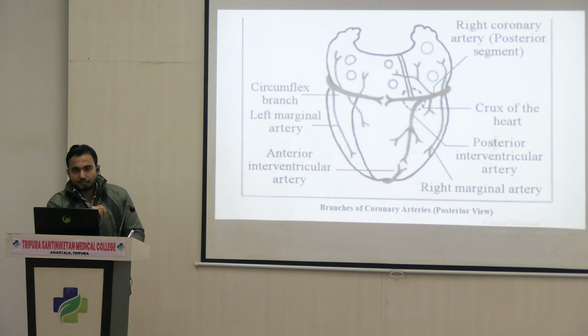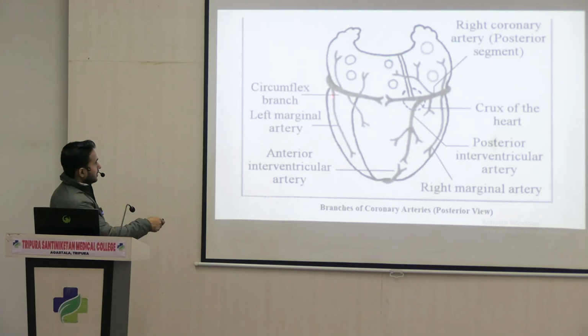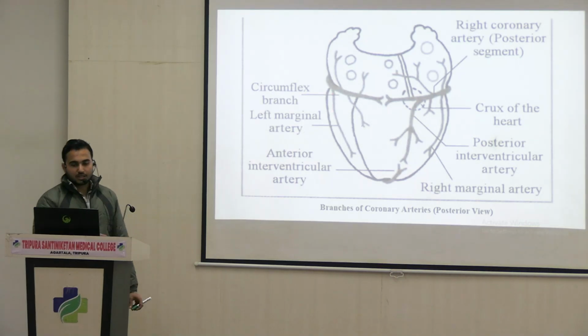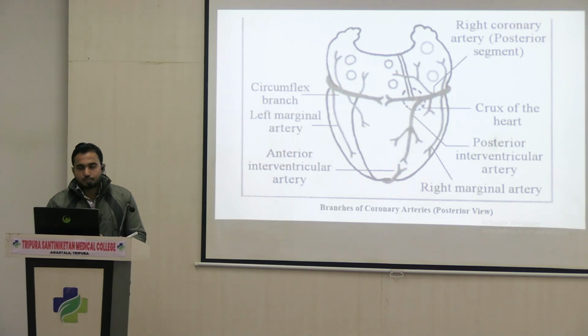Next, the left marginal artery: as you can see, one long artery extends towards the apex, called the left marginal artery, which also comes from the circumflex branch. And the posterior interventricular only in 10 to 20% of cases. So these are the branches coming from the circumflex artery.